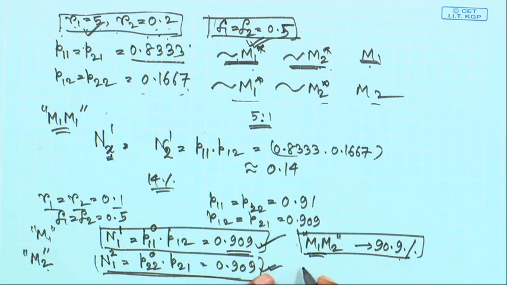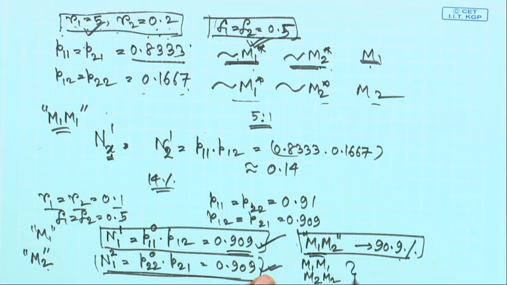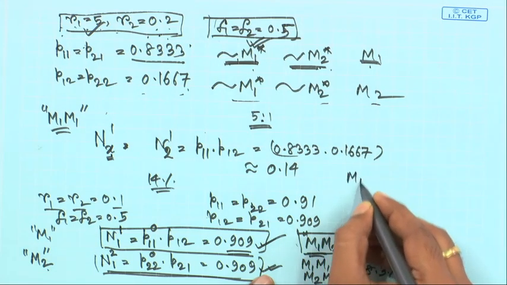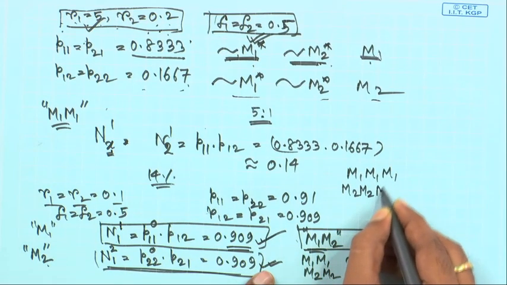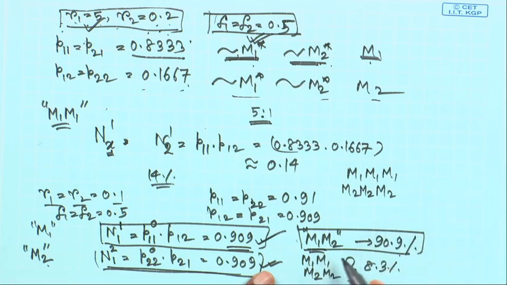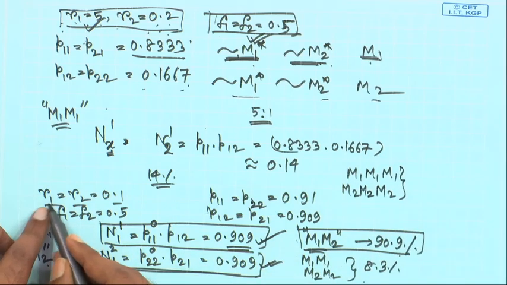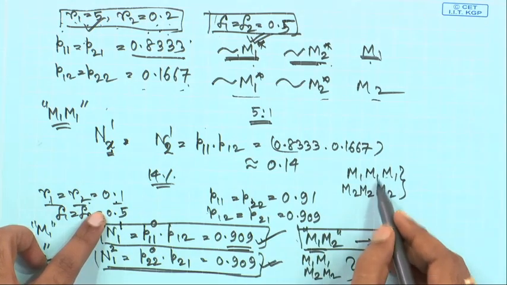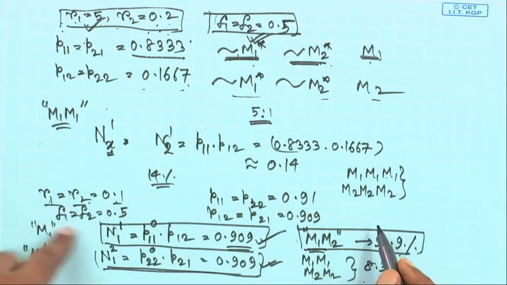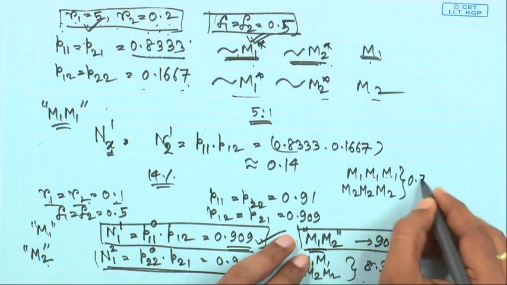If you are looking for a dyad, for example M1 M1 or M2 M2, you can work it out, it will be 8.3%, and if you are looking at, say, a triad M1 M1 M1 and M2 M2 M2, here it is a special scenario where R1 equals R2 equals 0.1, that is why these are equal, these may not be equal depending on these values, but I am trying to illustrate an important point here.